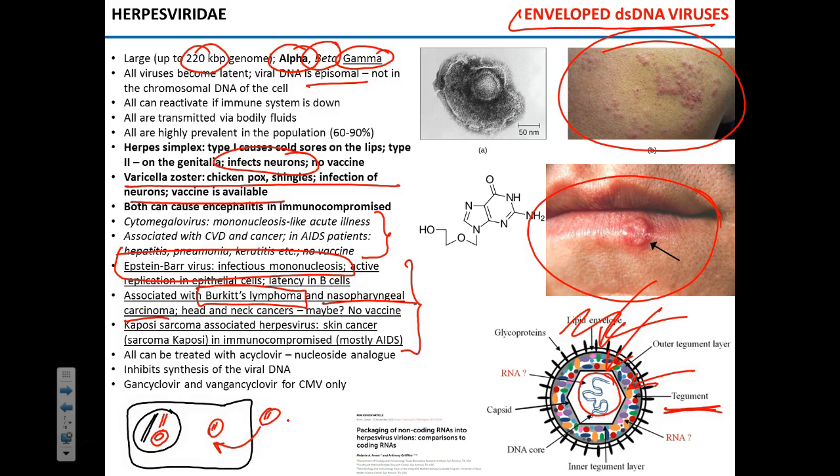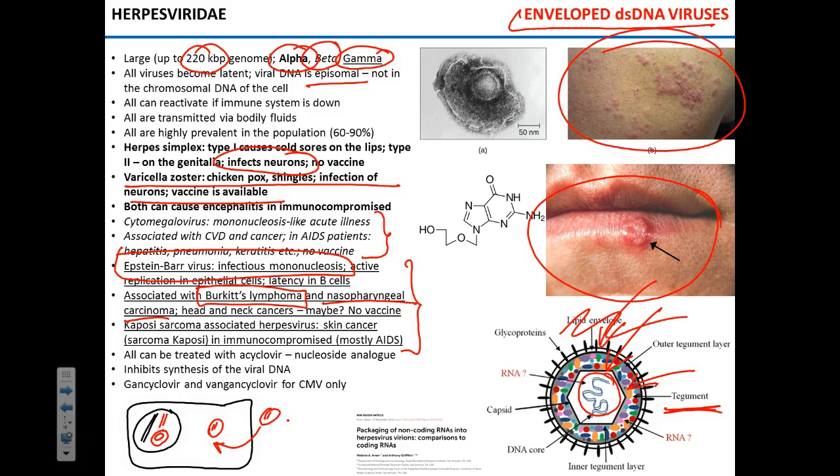Nasopharyngeal carcinoma is the malignant tumor of the nasopharynx, which is very disfiguring. We know that Epstein-Barr virus can cause it. It's not just association. And now Epstein-Barr virus is being implicated in more and more head and neck cancers. So it's not that benign. We have no vaccine for it.